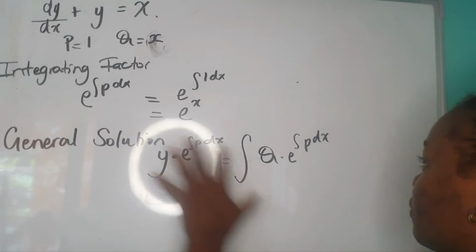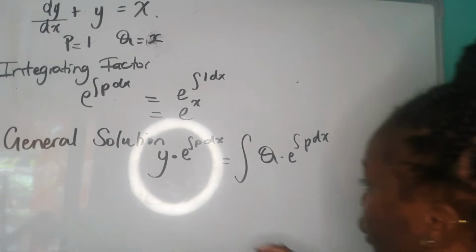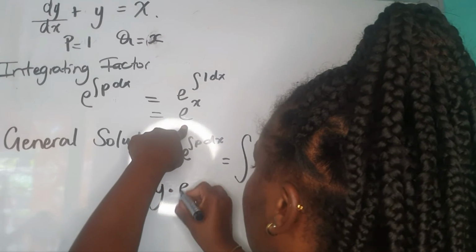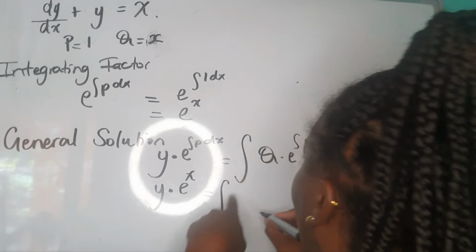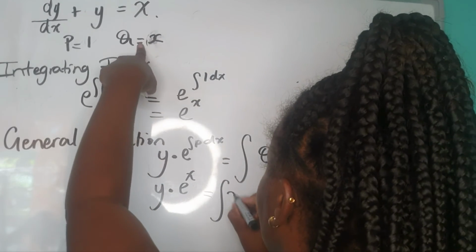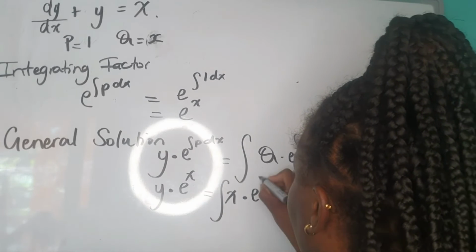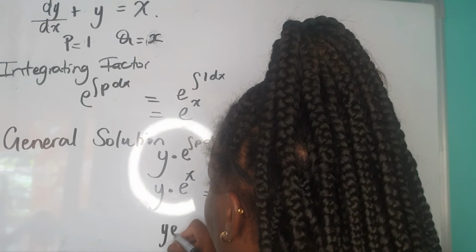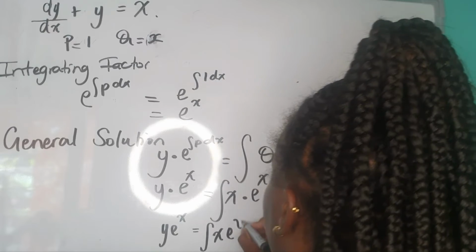So we're going to substitute the values that we got from the question and solve. Now, y times the integrating factor, in this case e to the x, is equal to the integral of q, which is x in this question, times the same integrating factor, e to the x. Now we have y e to the x equals the integral of x e to the x.